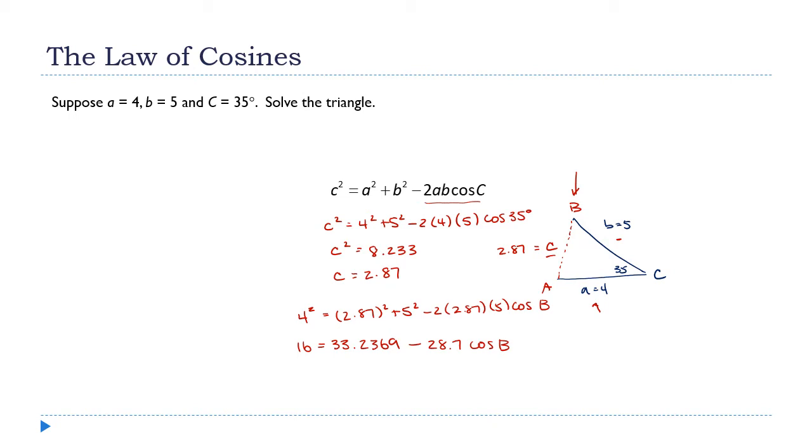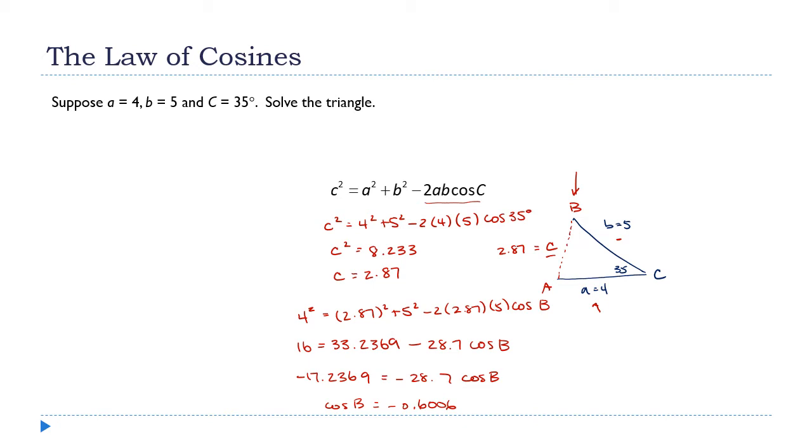Move the 33.2369 to the other side: negative 17.2369 equals negative 28.7 cosine of B. Divide both sides by 28.7, and we get cosine B equals negative 0.6006.